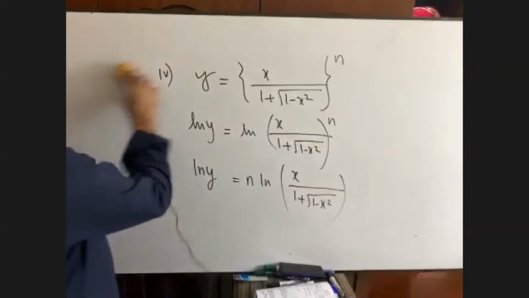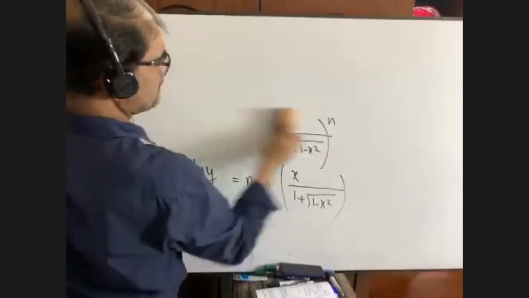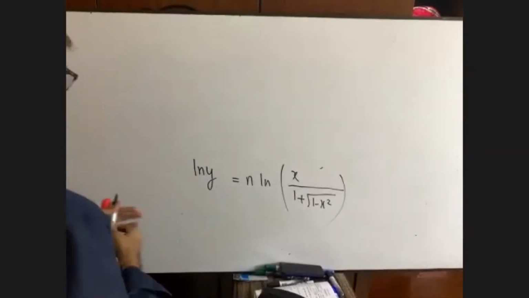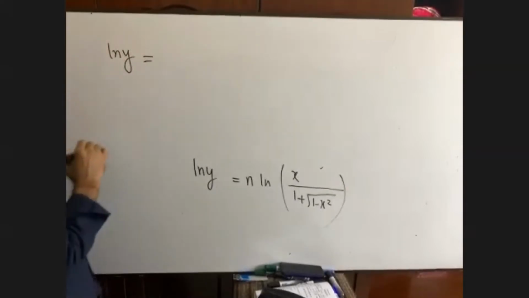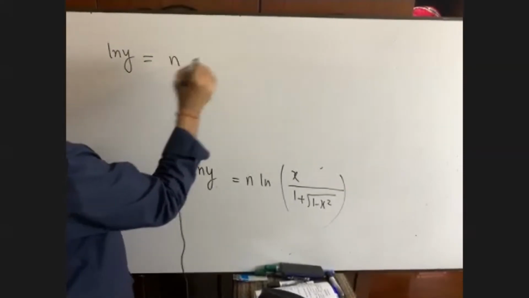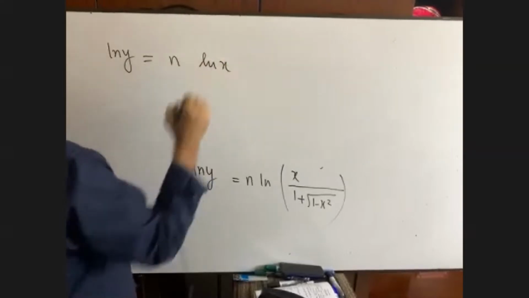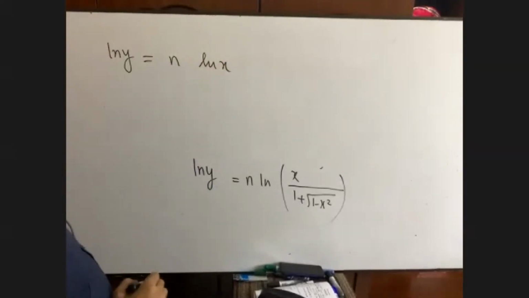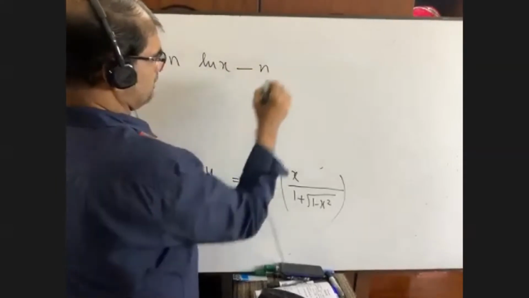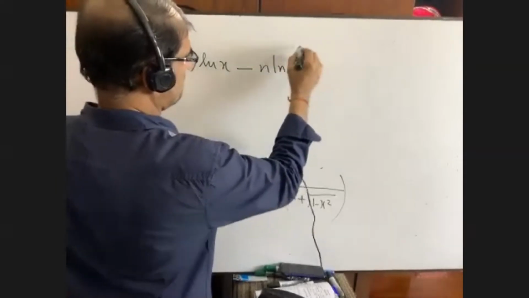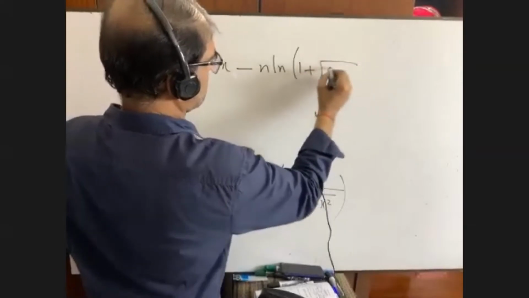Now you see, ln y is equal to n ln x minus n ln(1 + root over...).